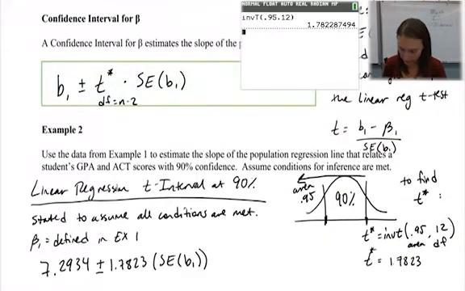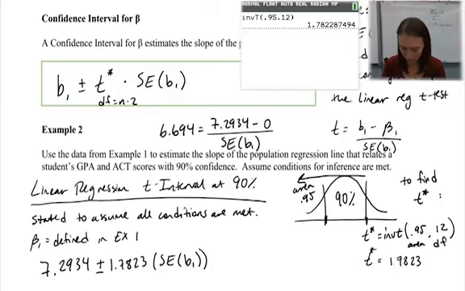So if t equals 6.694, which equals my b sub 1, 7.2934 minus 0, divided by SE of b1, I can solve for SE of b1 using some algebra. SE of b1 ends up being 7.2934 divided by 6.694, which is 1.0895.